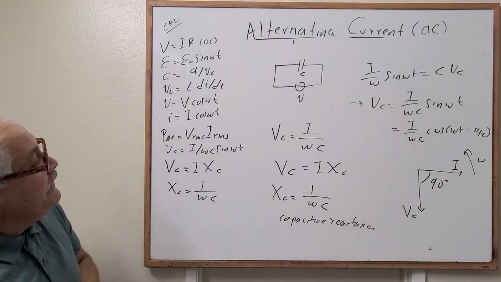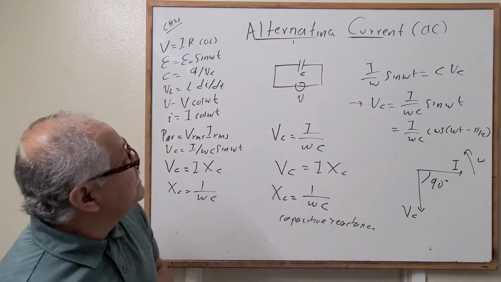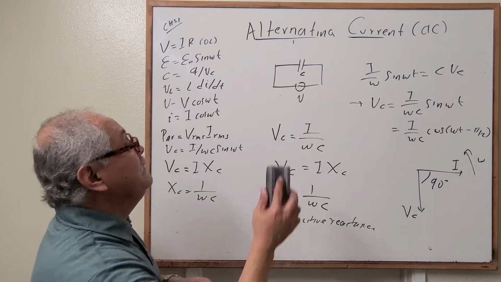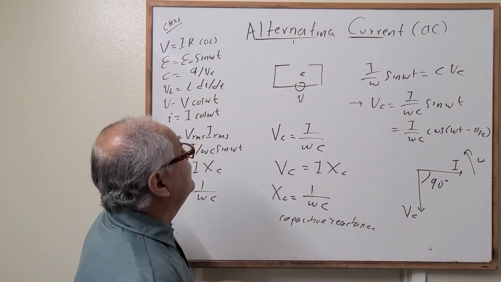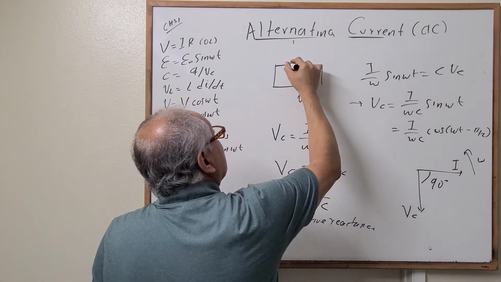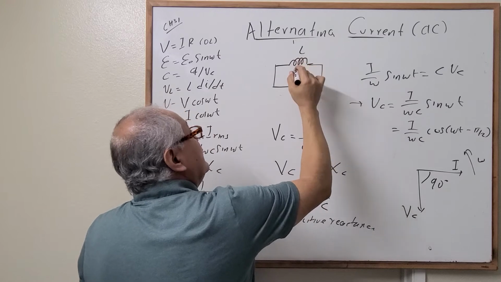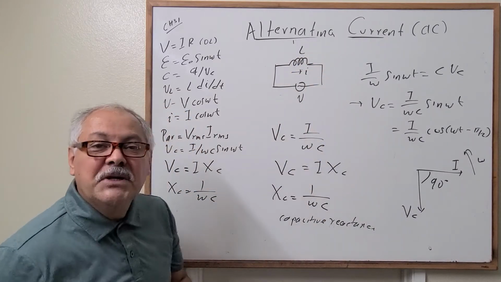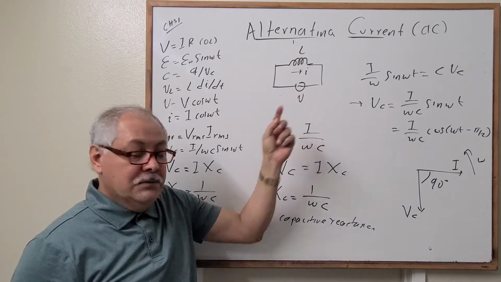Okay, perfect. Now let's go to the next circuit, which uses just an inductor. Same steps. Now this is the inductor, and we are looking for the relationship between current and voltage.